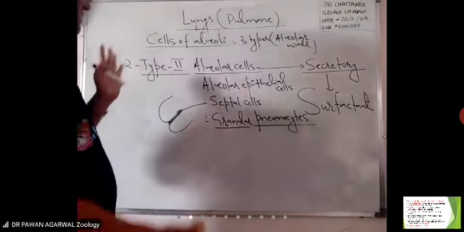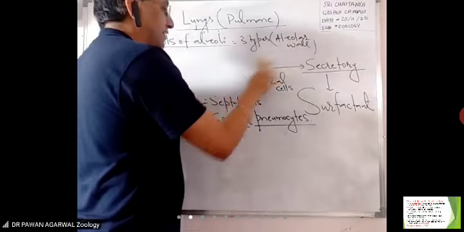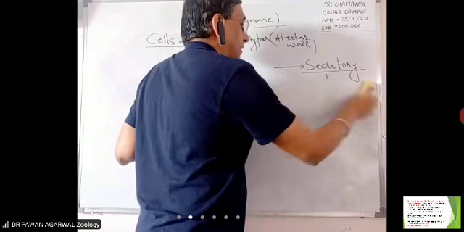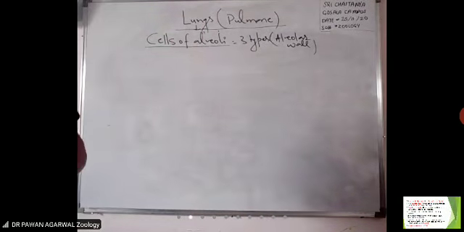So who is secreting the surfactant? That is the type 2 alveolar cells. Type 2 alveolar cells are the septal cells, the granular pneumocytes.